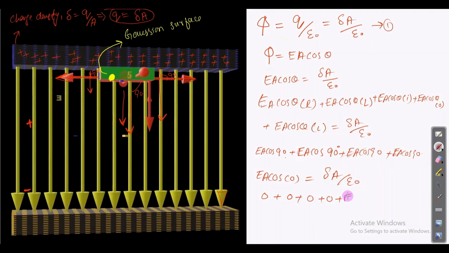This becomes EA equals sigma A divided by permittivity of free space. This A cancels with this A, and the electric field intensity at that point is given by sigma divided by permittivity of free space. This is the electric field intensity at this point.